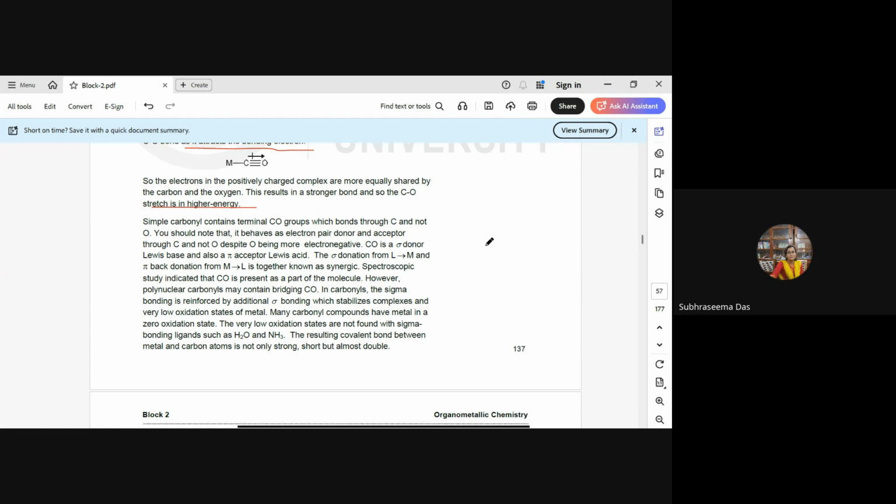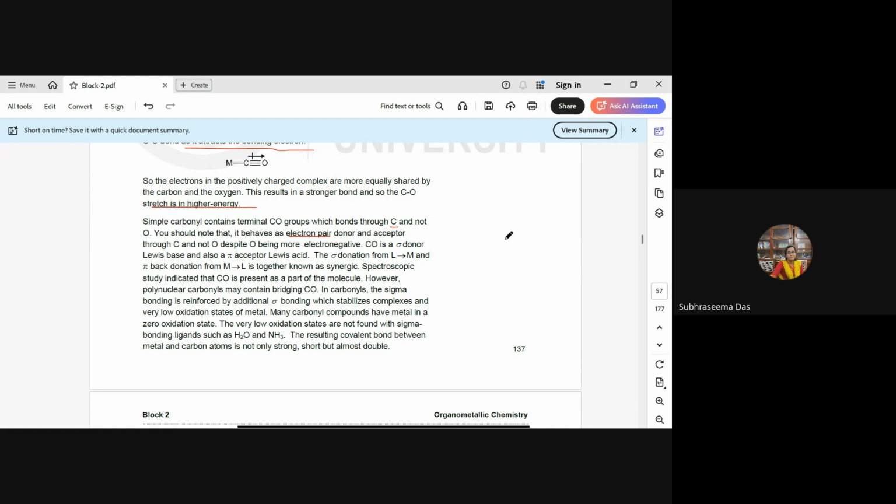We should also remember that CO behaves as an electron pair donor and acceptor through C and not O. So always the bonding is through C. In a carbonyl complex, the bonding is through C and not through O, even though O is more electronegative in nature.